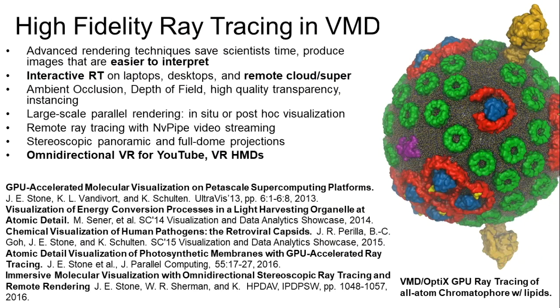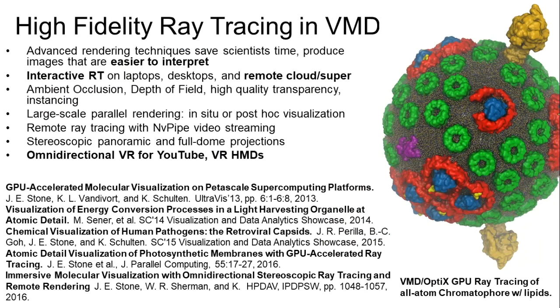One of the things VMD has been known for, for a long time, is its high-end visualization features. Up to the late 2000s, the main way that we generated images was with a technique called rasterization. That's what OpenGL provides. And going forward, one of the state-of-the-art techniques that's possible today is called ray tracing.